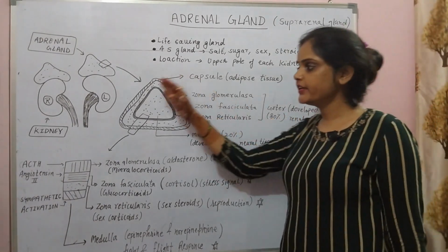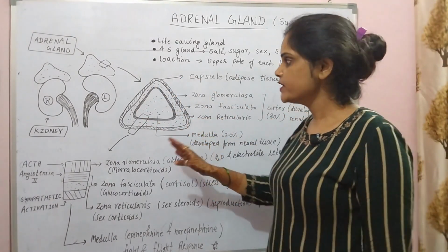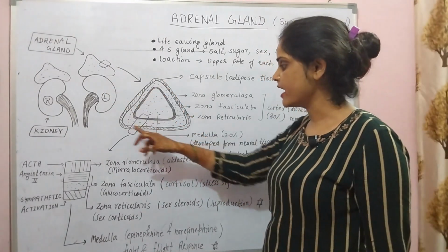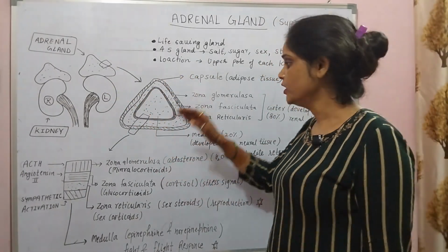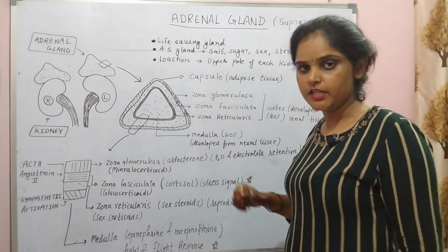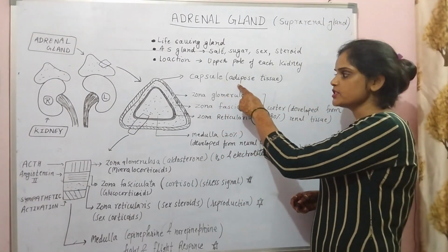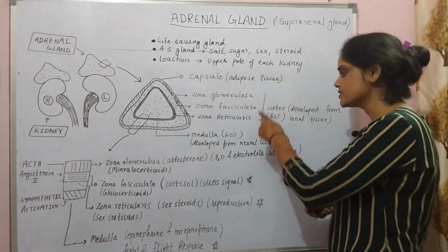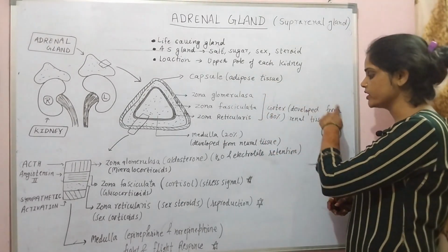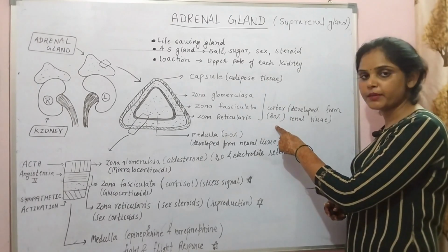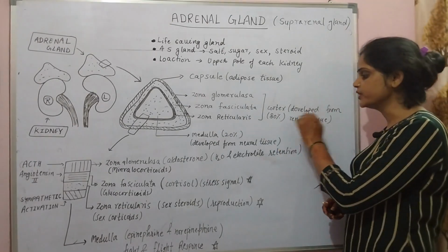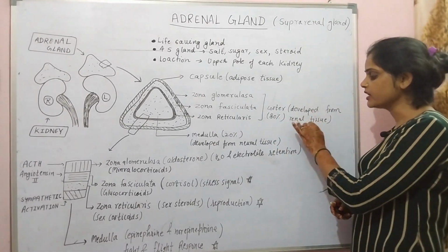Next is the internal structure of this gland. The adrenal gland has a particular structure which is made up of different layers. The outermost covering of this gland is known as the capsule, which is made up of adipose tissue. Inside it is the cortex, which forms 80% of this gland, and it is developed from the renal tissue.